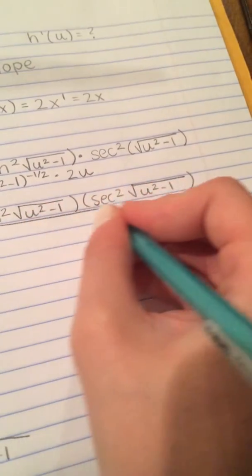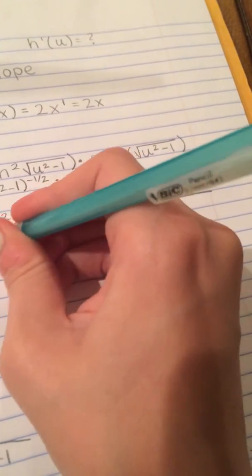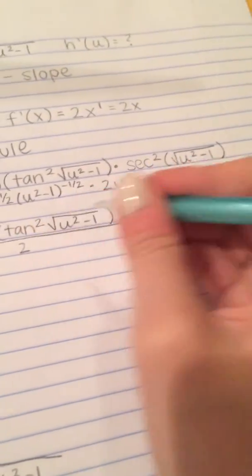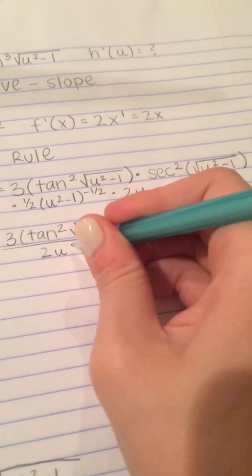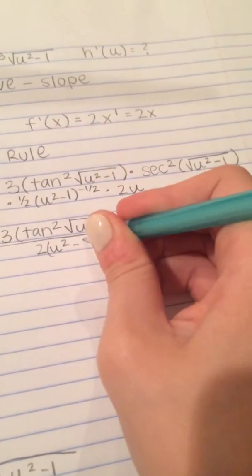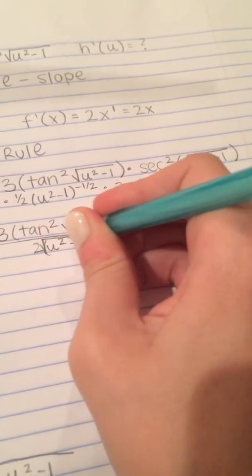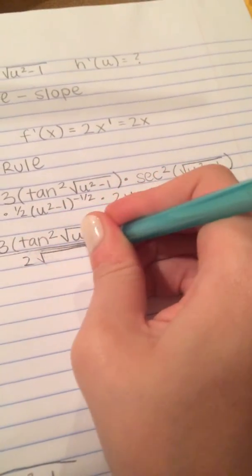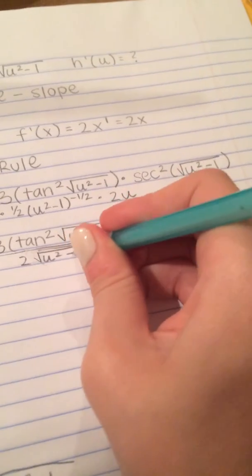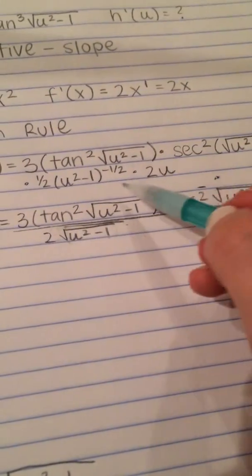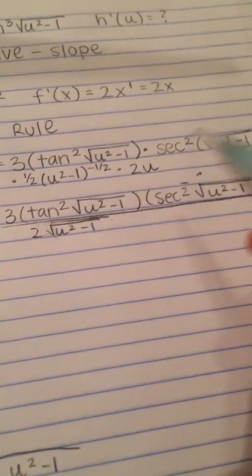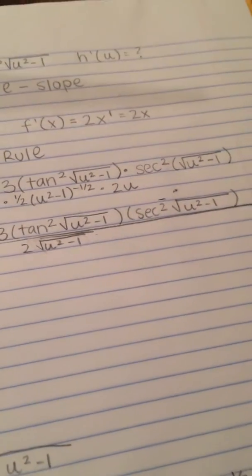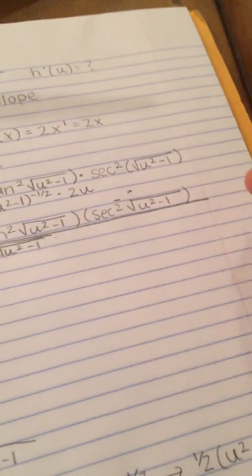Then we put this all over 2 times the square root of u squared minus 1. Oh gosh, that's not very clear, so I'm going to make that clearer. 2 times the square root of u squared minus 1. And the reason you do that is because of the negative 1/2. That puts it underneath, dividing.